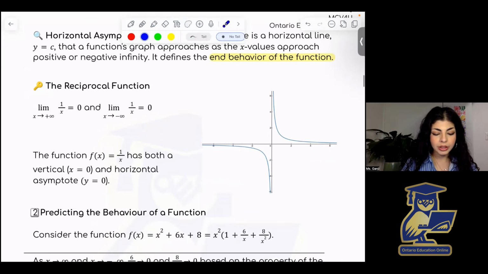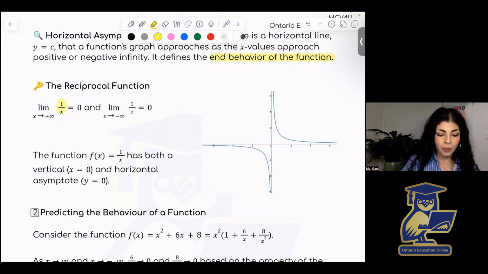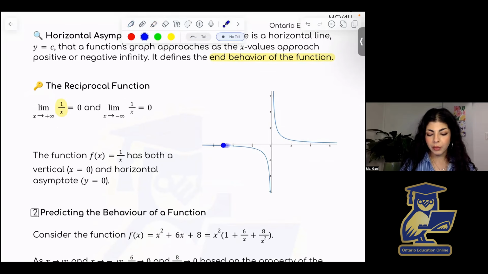So for example, consider the reciprocal function 1 over x. So this is also what the curve of it looks like. We're very familiar with this function. And we know that it has a horizontal asymptote y equals 0. And in fact, it also has a vertical asymptote x is equal to 0. And that being said, the behavior from the left-hand side and the right-hand side for the vertical asymptote is different.